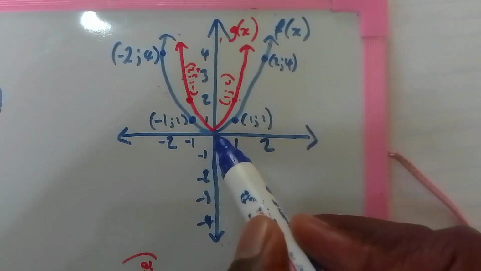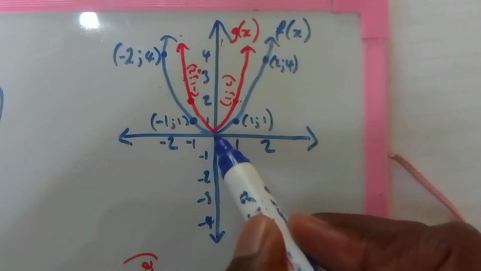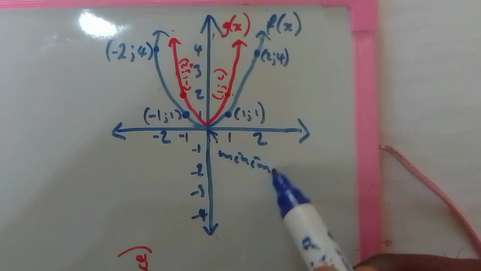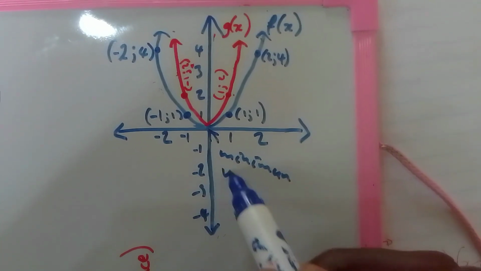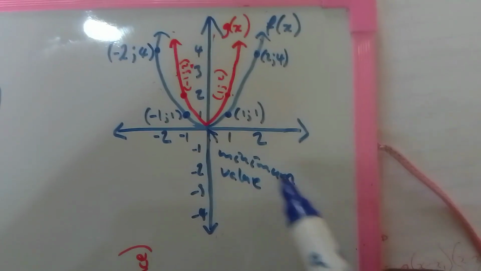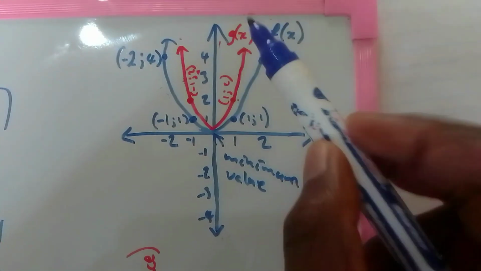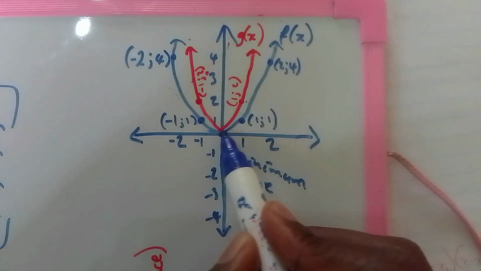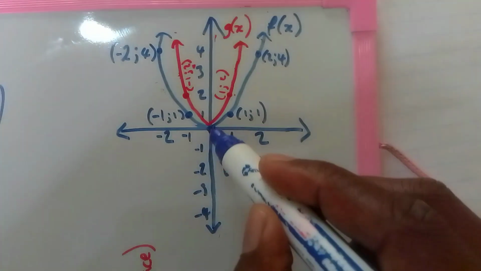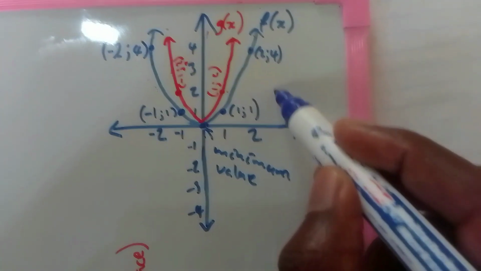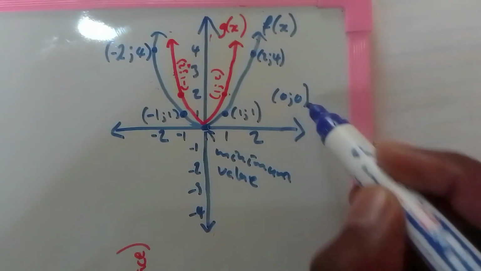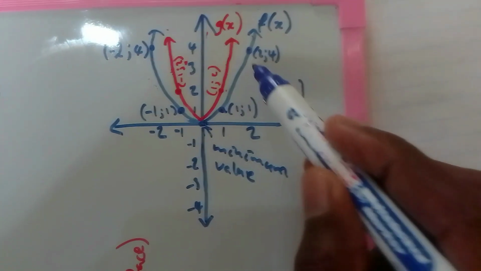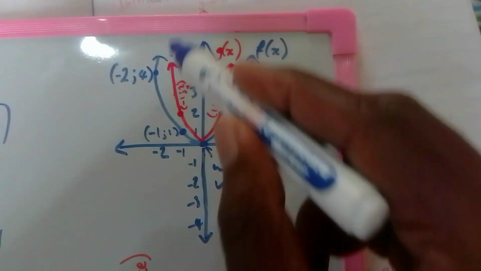Now here, where we're getting 0, this is what we call the minimum y value, meaning that when you are having a concave up, you get a minimum value. So here, when x is equal to 0, our y was equal to 0. And observe, from this 0 you go up here, you've got 1, we had 4. And this graph continues.